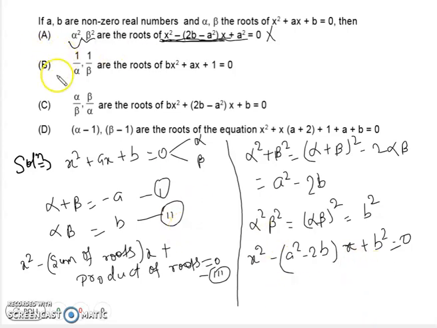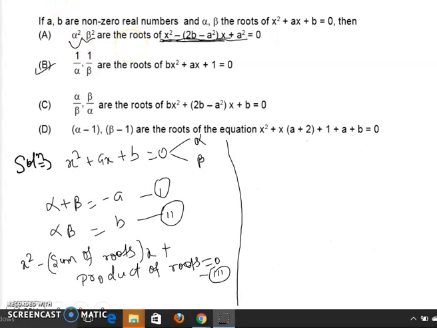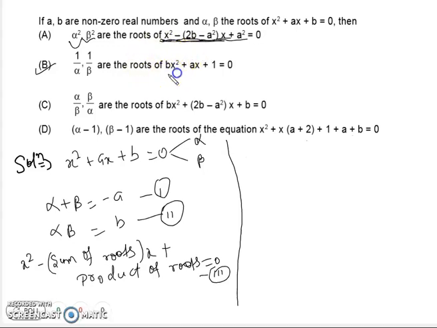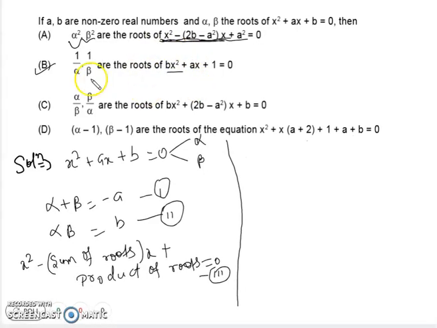So now we are going to move on and check whether option B is correct or incorrect, guys, right? On the basis of option B, 1 by alpha and 1 by beta are the roots of the given equation, guys. So we have to check whether this option is correct or incorrect, right? First of all, we have to find the sum of roots.